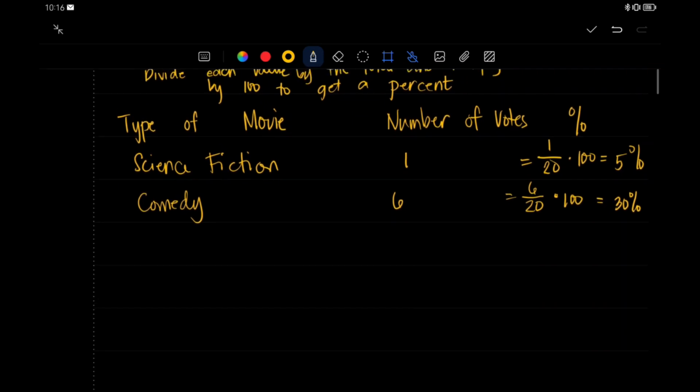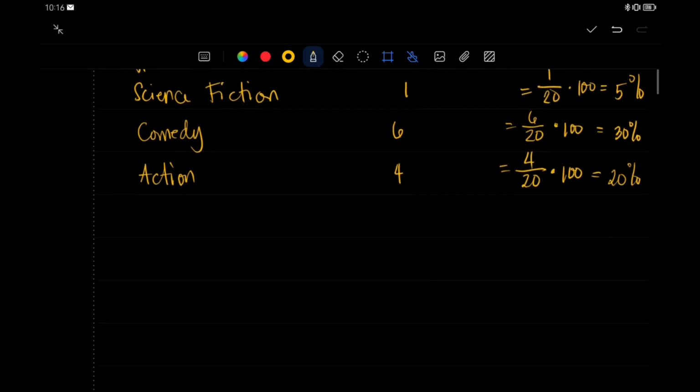Next one we also have action. Action is 4. That is 4 divided by 20 times 100, equal to 20%. The next one we have is drama. Drama has 5.